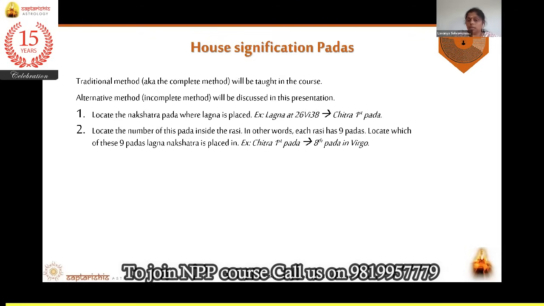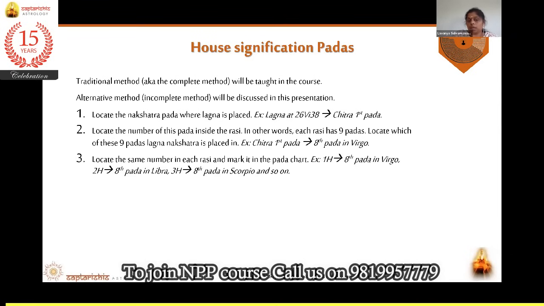We see Chitra Nakshatra first pada is the 8th pada in Virgo sign, correct? So you need to locate the same number of padas in each sign, the 8th pada in each sign. So locating the 8th pada in Virgo, the 8th pada in Libra, the 8th pada in Scorpio, and so on.